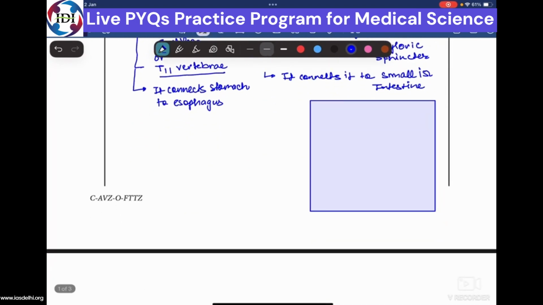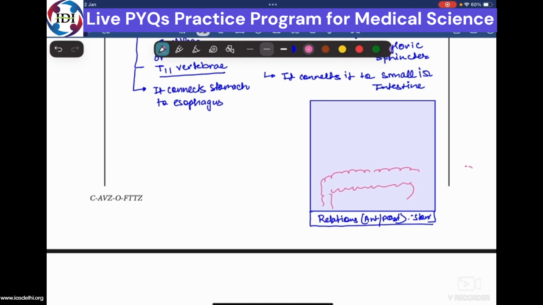If you're making a diagram like this, then you can show relations, either anterior or posterior, then you write stomach. And you can go on with your diagram, which is a very famous diagram. It goes something like this. This transverse colon, stomach is somewhere here like this.